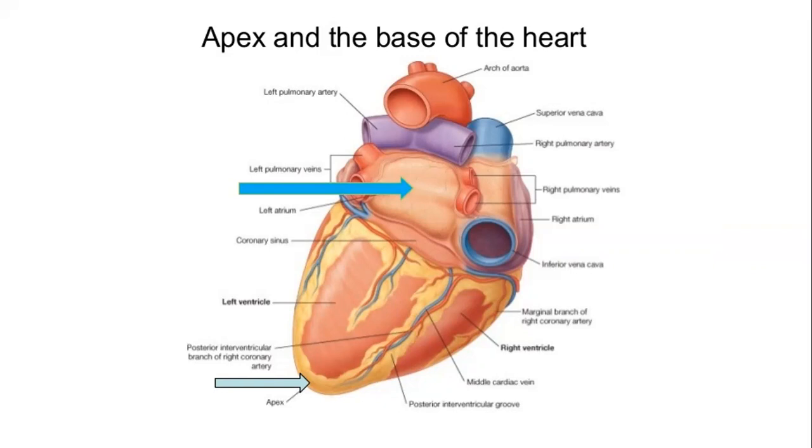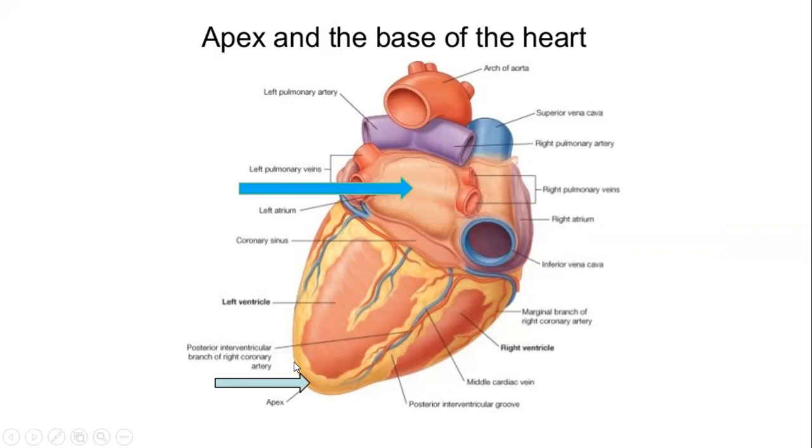So let's see what is the apex of the heart. Apex of the heart is located infralaterally, inferiorly and laterally, that is away or far away from the midline of the body.